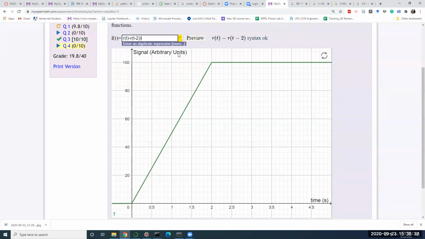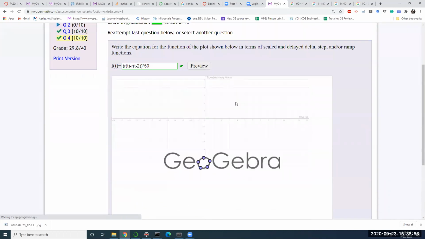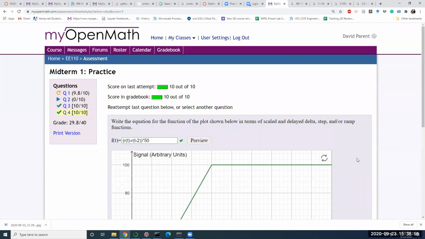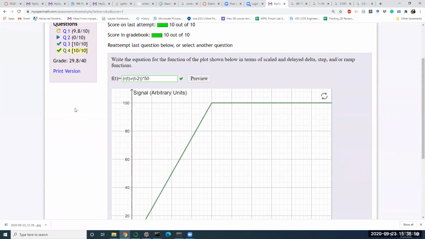Now, what's the slope? I went up 100, went over 2. That's a slope of 50. Got it. Okay. Of course, I'll have different ones there.